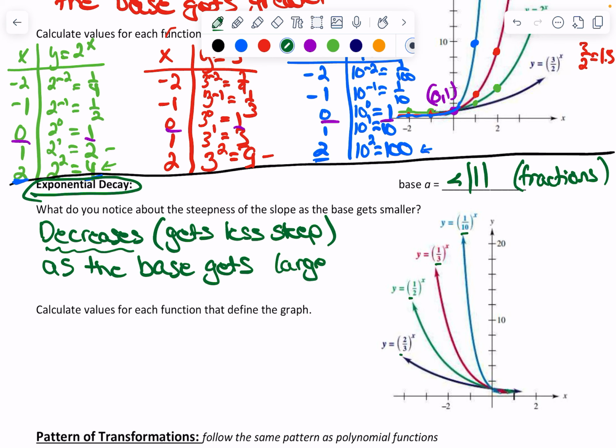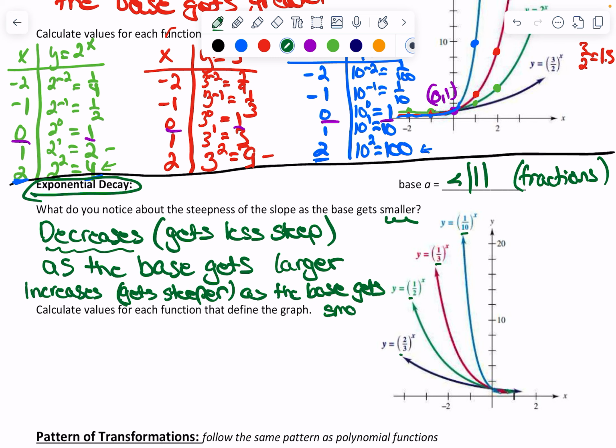So if we want to answer the question as the base gets smaller, that would mean that it increases, gets steeper as the base gets smaller.